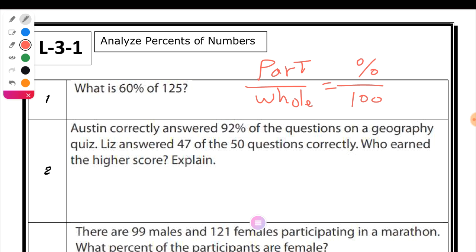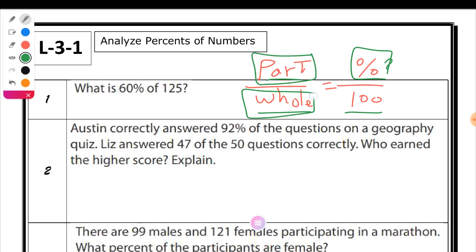Always we search, it will give me three things. One of them is already known as 100, so we don't need to find it, it's fixed. But sometimes he will give me the whole and the part and ask for the percent, or give me the percent and the part and ask for the whole, or give me the whole and the percent and ask for the part.